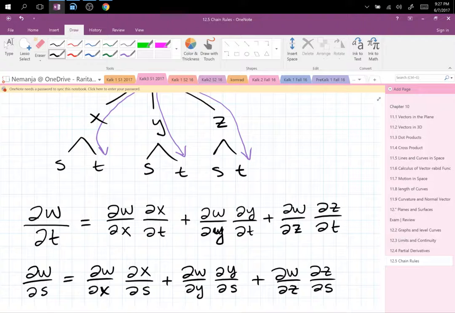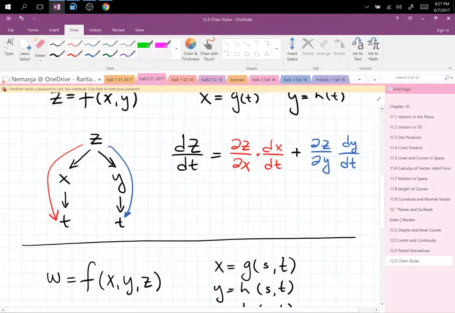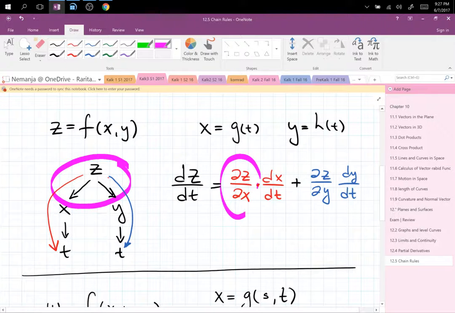When you wrote the first one, the two variable single parameter, some of them you wrote as d's, some of them you wrote as deltas. Is there a reason for that, or are they pretty much the same thing all across? As I said, every time when you have branching, you have these guys.